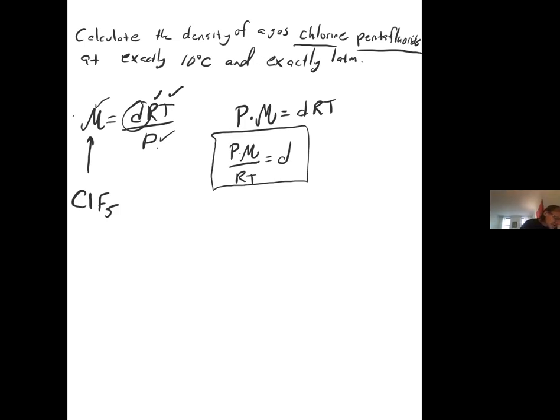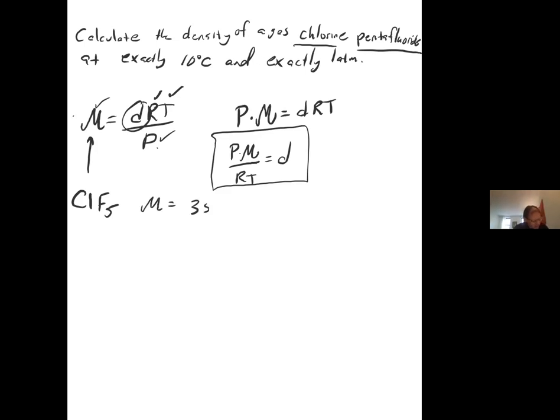An alternative way to do it would be to figure out, well, you don't know the volume, right? So we just know the temperature and the pressure. So you could find the molar volume. And then, yeah, I think this is probably the easiest way to do it. Okay, so let's take a look. First, let's figure out what the molar mass of this is.